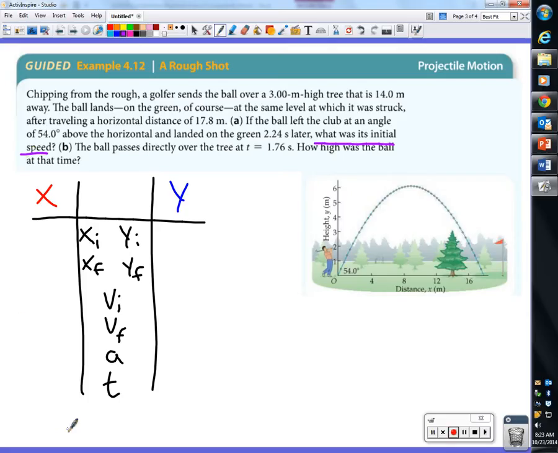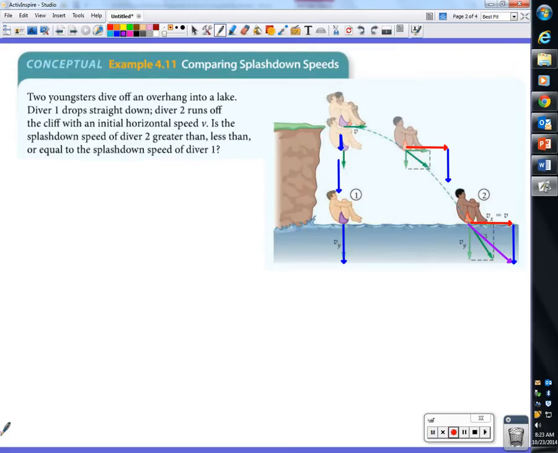If we take a look at the picture, especially here at the beginning, this problem starts a little bit differently, actually kind of a lot differently, than the problems we've done up until this point, right? The problems that we've done up until this point looked more like this, where when it became a projectile, which way was the object going? Horizontally, right? So the initial velocity on the vertical side was 0, right? That's all familiar? Yes, no, right?